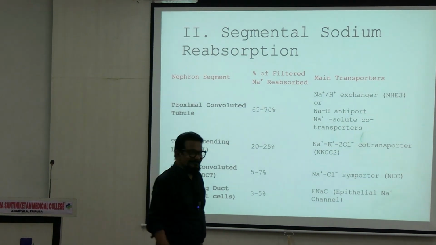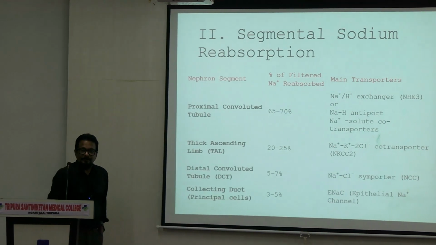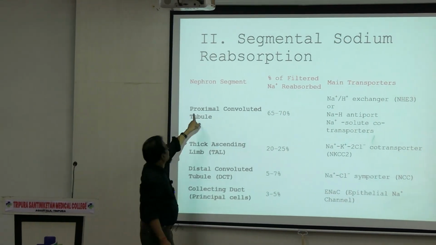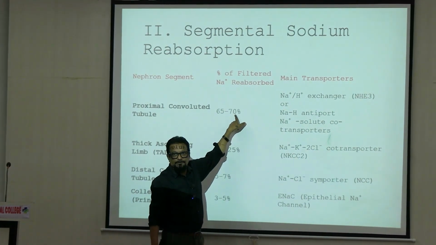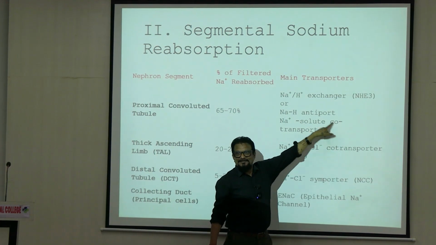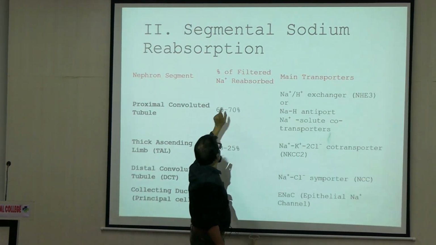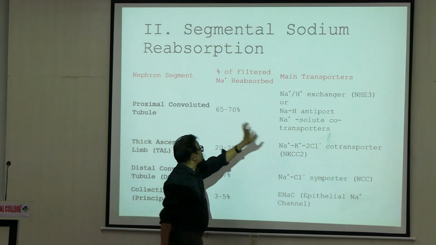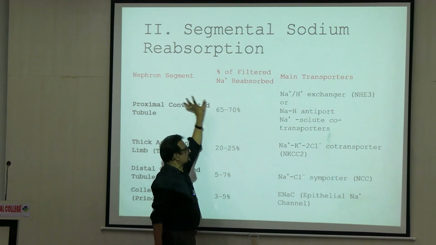Now this is important. Sodium will be reabsorbed in various parts. In the proximal convoluted tubule, 65 to 70% of sodium is reabsorbed. What are the transporters? With the help of these transporters, these 65 to 70% sodium is reabsorbed.